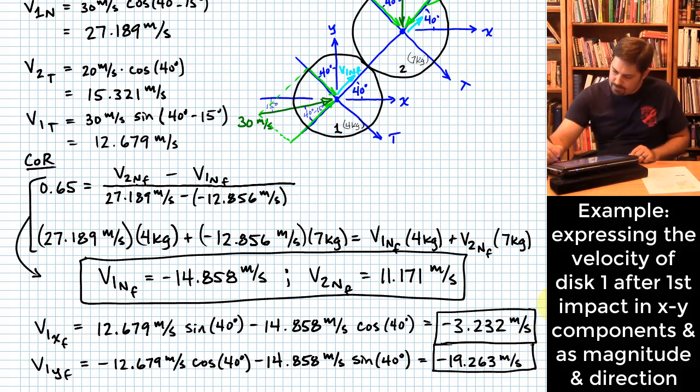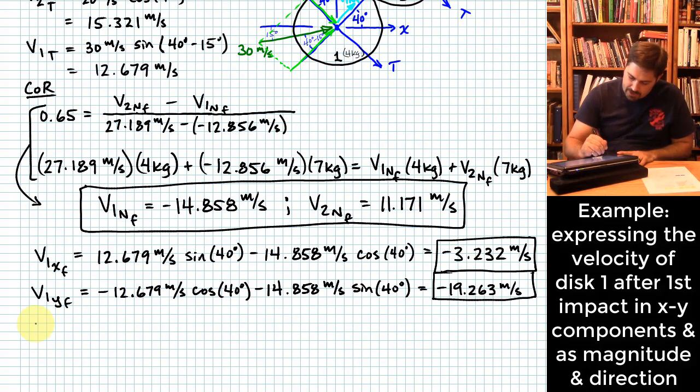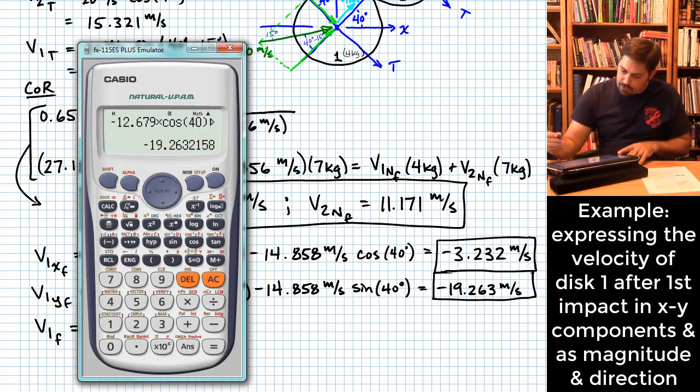All right. What do those mean in terms of magnitude and direction? This is always an interesting thing to me. So maybe I'll just call this V1F as a magnitude of that overall. You just take the square root of the sum of the squares.